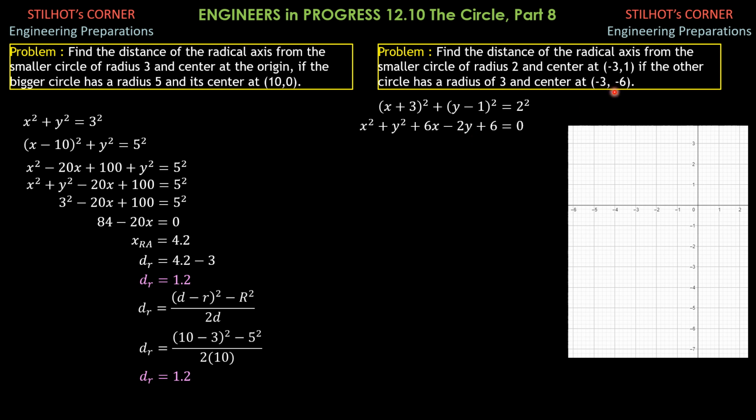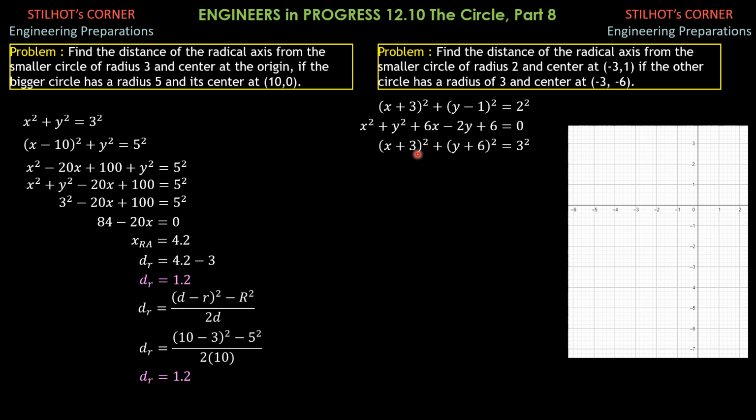For the other circle, the equation is (x plus 3) squared plus (y plus 6) squared equals 3 squared. Expanding, x squared plus y squared plus 6x plus 12y.